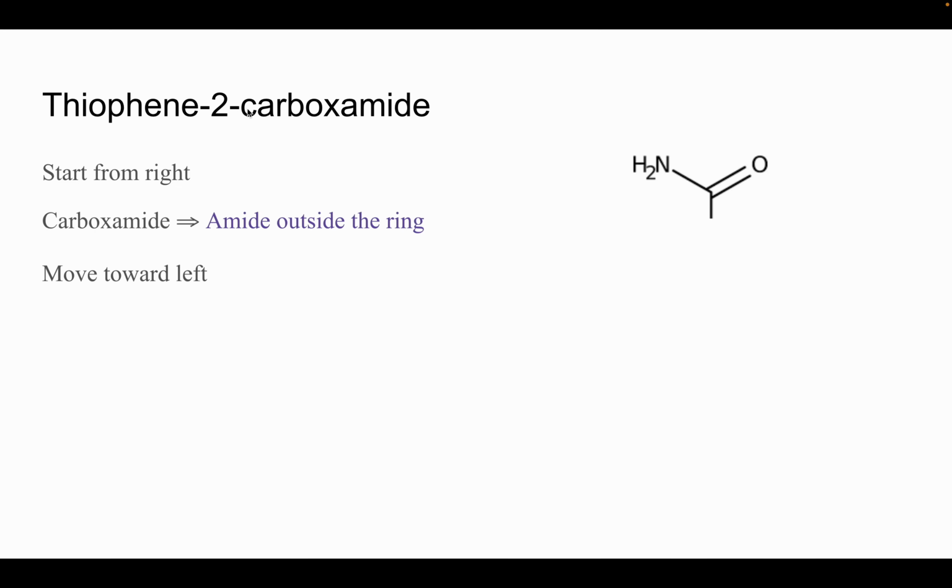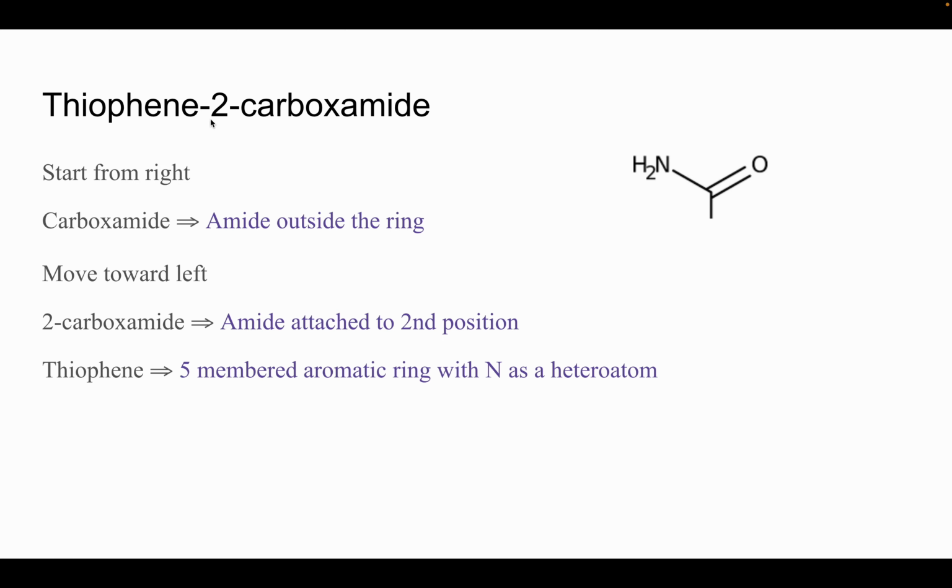Now, you start with the right and then move to the left. After the suffix there is a number. The numbering is 2. So the amide group is attached to the second position of the heterocycle. That information you get from this. Then, moving further left, there is the name thiophene.